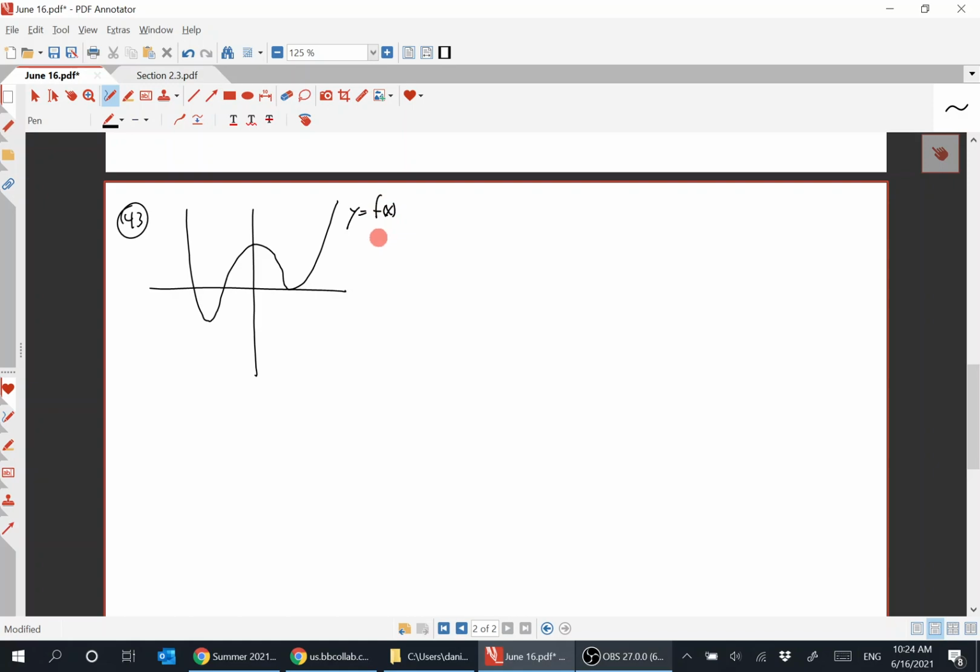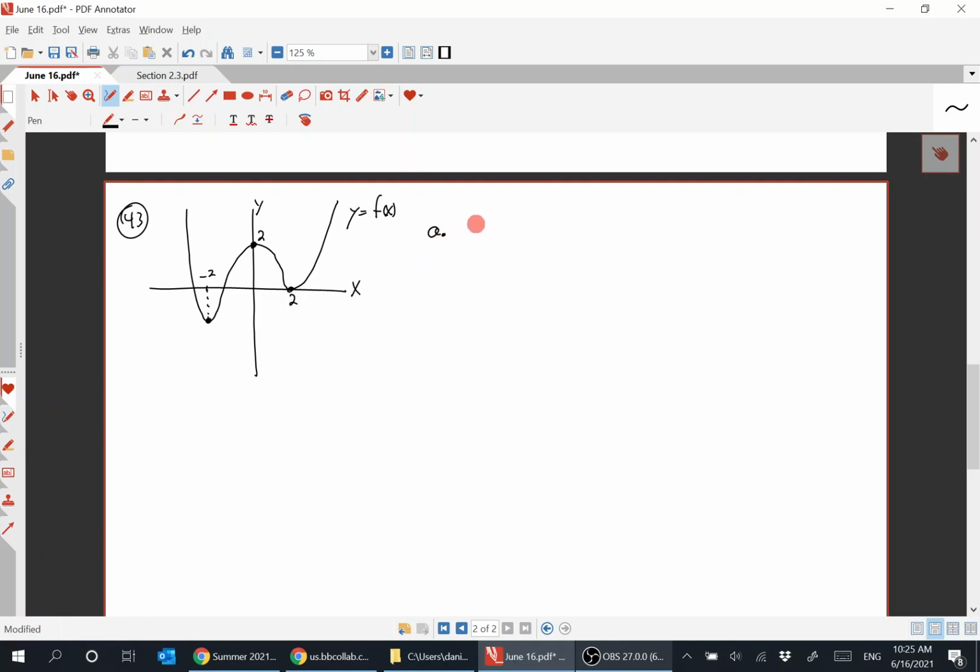You can tell from the picture where these points are. So this is 2 on the y-axis. This point here is 2 on the x-axis. These points you don't know, but this is -2 on the x-axis. And use the graph to estimate the following.